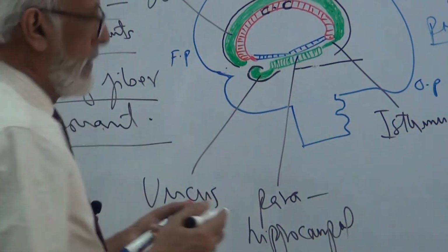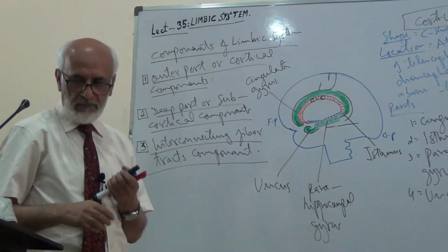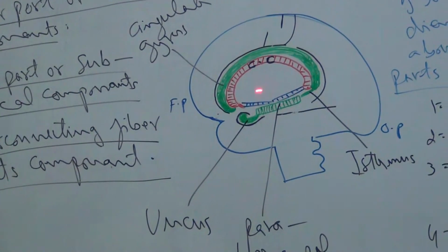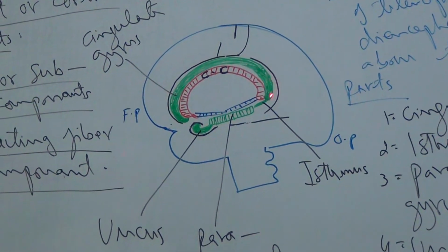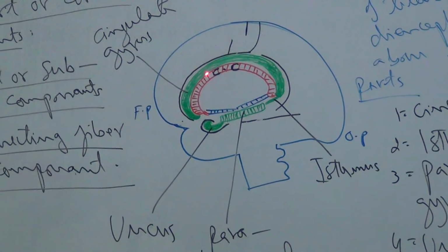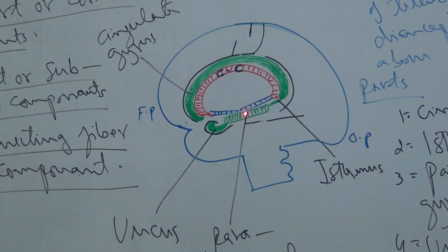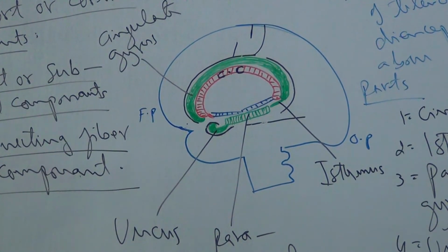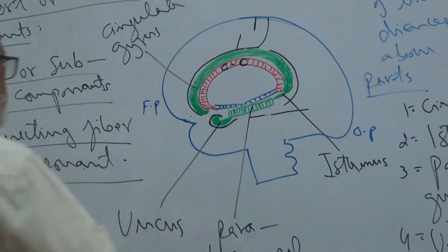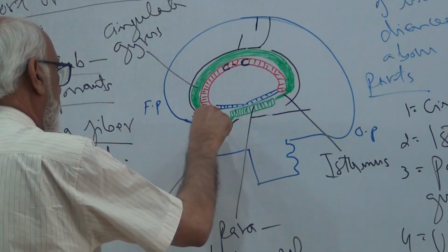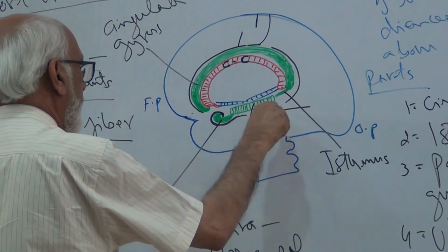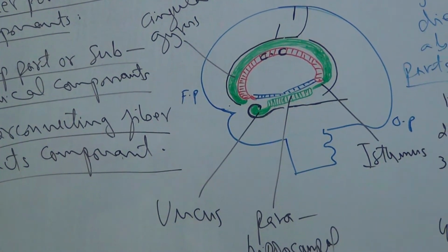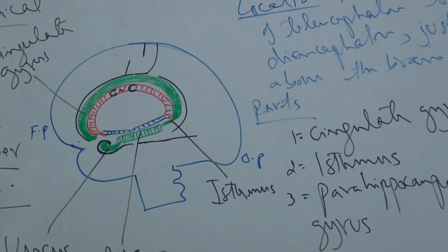So all these are components of the outer or cortical part, which are all visible around the corpus callosum and other midline structures in a C-shaped manner, comprising the cingulate gyrus, continued as the isthmus, still continued forward as the parahippocampal gyrus, and then the hook-shaped gyrus surrounded by the rhinal sulcus, known as the uncus. So these were the cortical components of the limbic system.